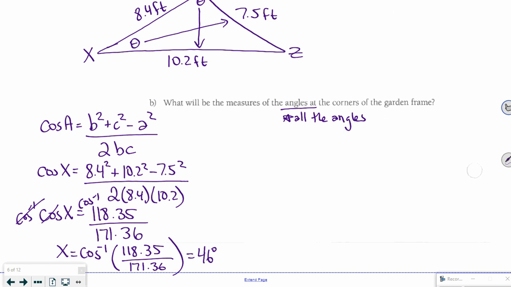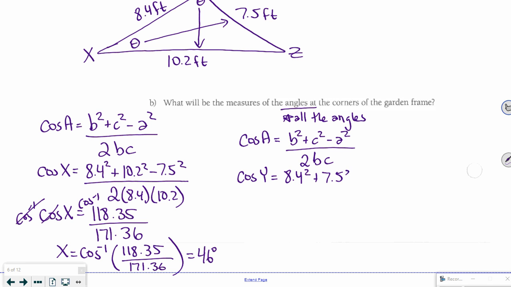Okay, so same thing. We've got cos A equals B squared plus C squared minus A squared, all divided by 2 times B times C. And since we're finding angle Y, we're going to call it cos Y equals, the other two are the not important ones, so the 8.4 squared plus the 7.5 squared minus the 10.2 squared, because that's the one across from the angle I'm trying to solve for, all divided by 2 times 8.4 times 7.5.